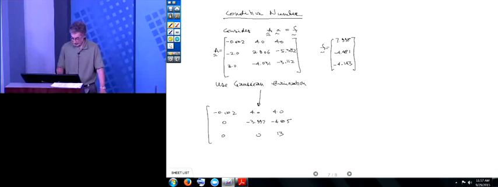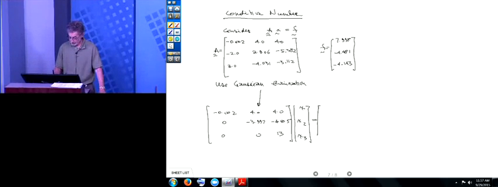So this becomes my matrix equation. There's a point here, okay? And this is x1, x2, x3, and the right-hand side would be 7.998, minus 8.002 and 0.